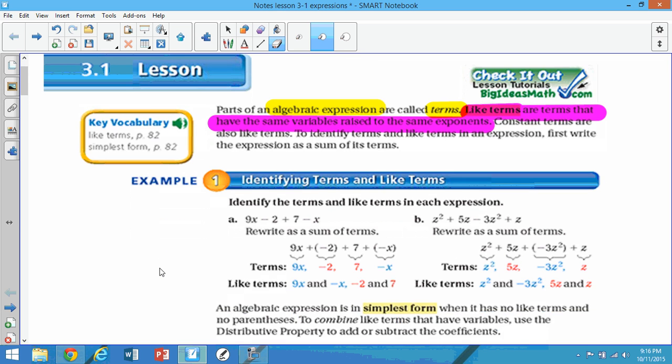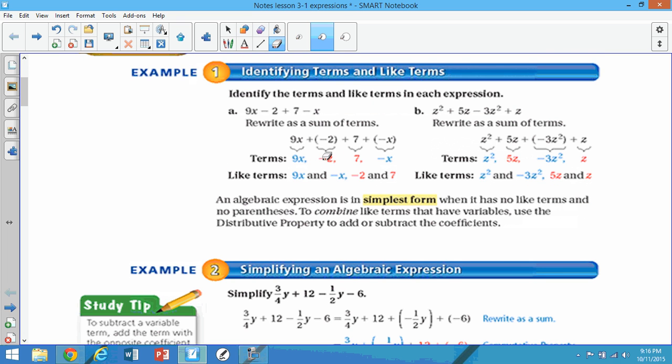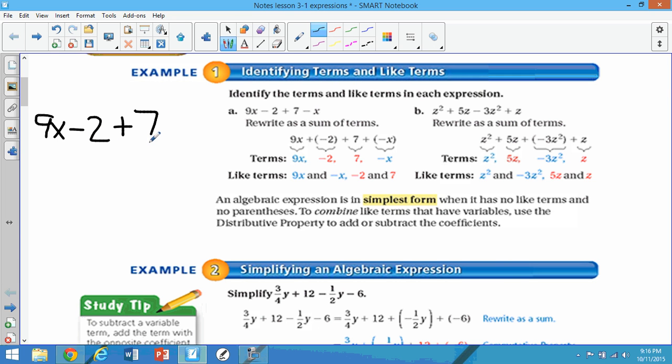So in this first example, you're going to identify the terms and the like terms in each expression. So if I have this problem right here, 9x minus 2 plus 7 minus x.